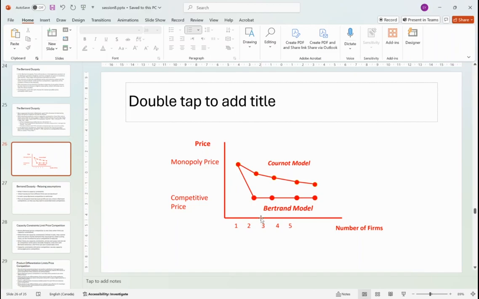And since under the competitive price, the price is equal to the marginal cost, that means under the Cournot model, each firm is going to experience positive economic profit. But under the Bertrand model, each firm is going to experience zero economic profit as long as we have at least two firms in the market.